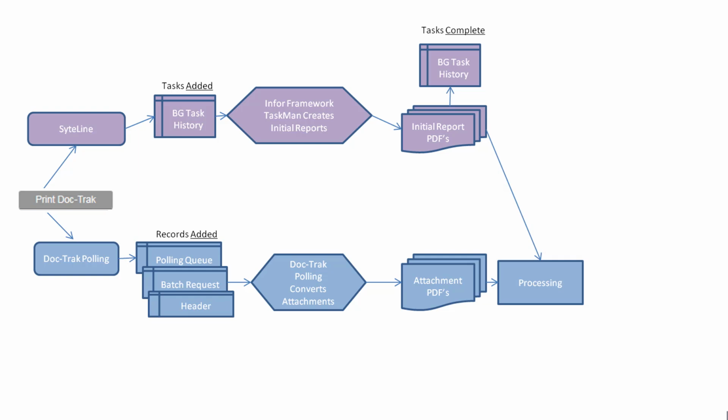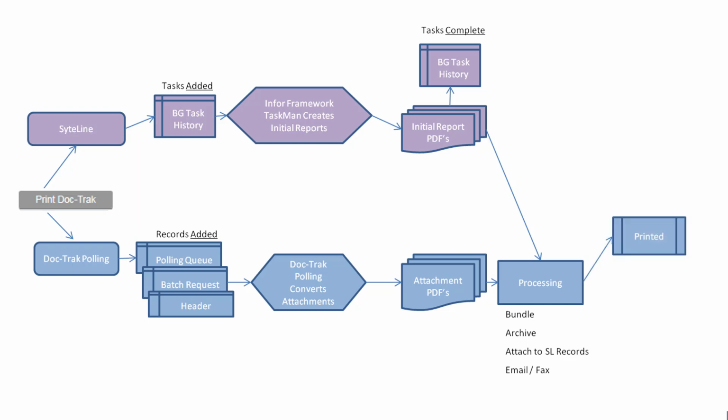During processing, DocTrack Polling will bundle the attachments with their associated Sightline report to make a single PDF file, save the archived version of the report as per the form output profile, attach the archived file back to the original record in Sightline, and email and/or fax the bundled reports to the appropriate recipients as directed by the document profiles.